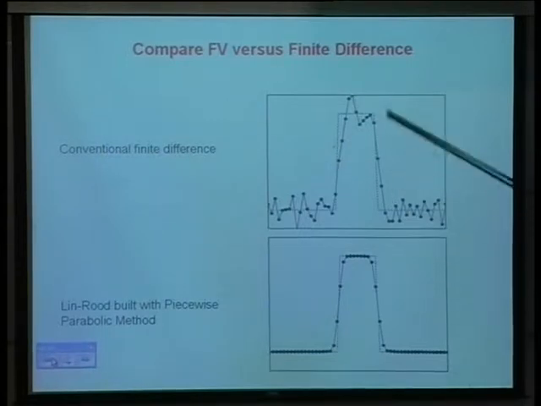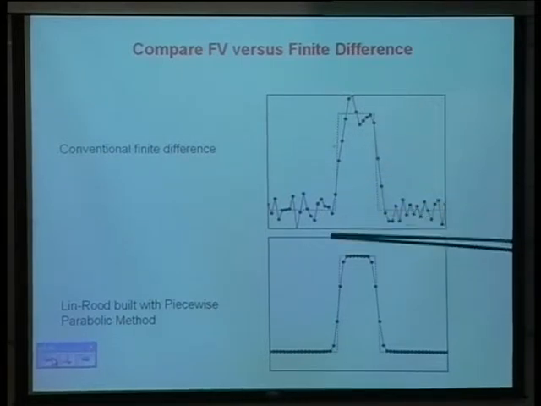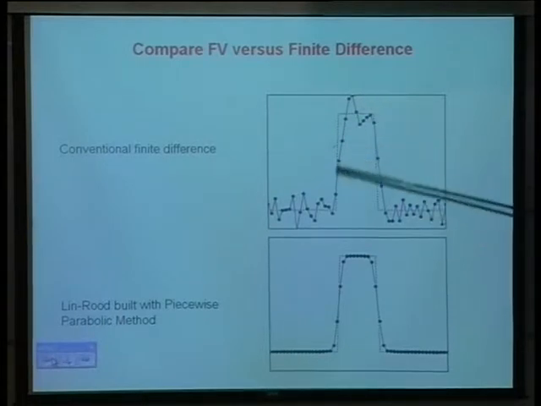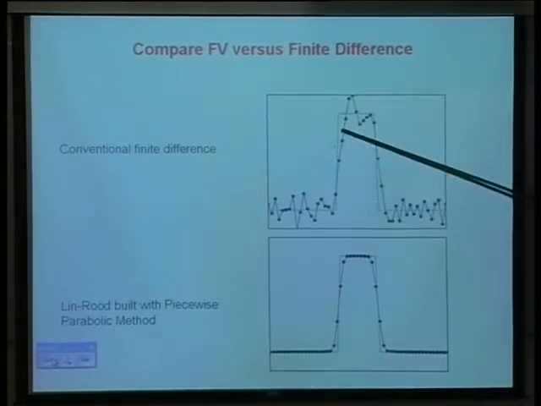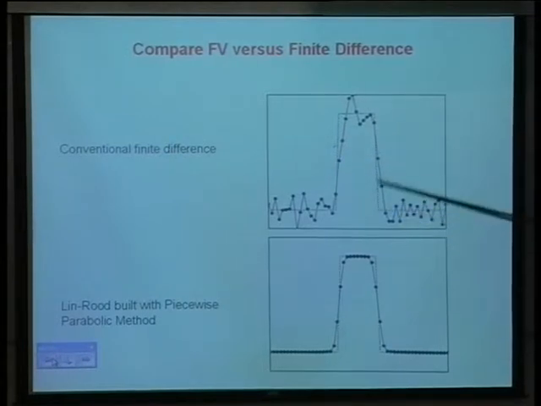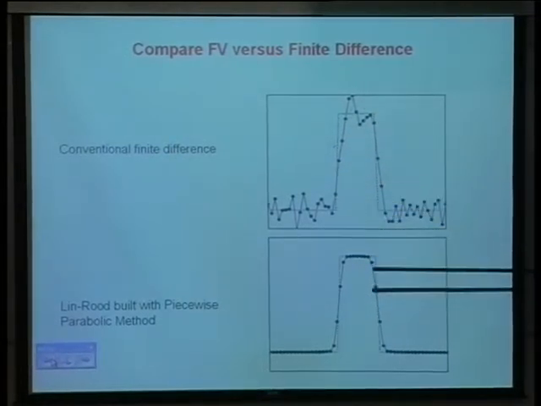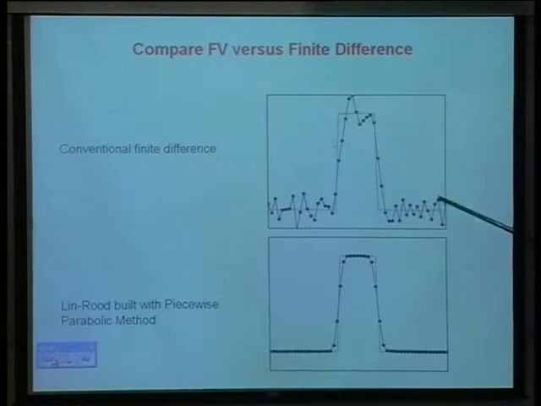here's a comparison of the finite volume versus simple finite difference. So the finite difference scheme, and let's suppose this is a wave in the pressure field or the height field. You see the finite difference field will have a lot of wiggles and bumps. It produces a maxima that's above, and this square shape is the original waveform, and then this dotted solid dot curve is after some time of integration, and this is actually not a very long time of integration.